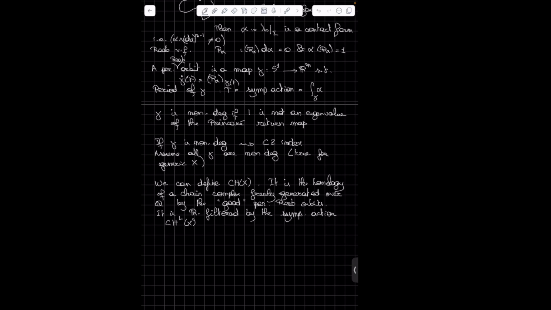Now for a star-shaped domain, for our X, the homology of X is a copy of Q in degree n+1, n+3, n+5, and so forth, so in degree n+1+2k and 0 otherwise.